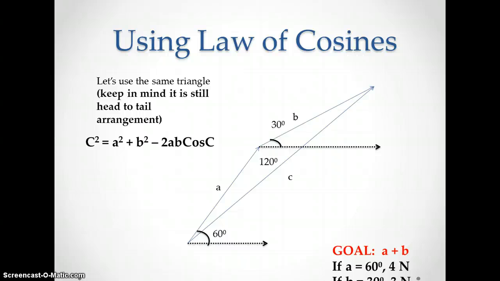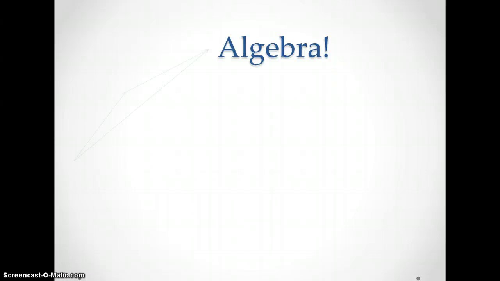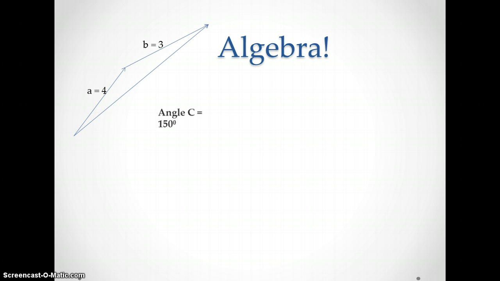That being said, we know angle C is 150 degrees because 30 plus 120 is 150. So now all you have to do is plug it in. We do our algebra, and we write the things down that we know.